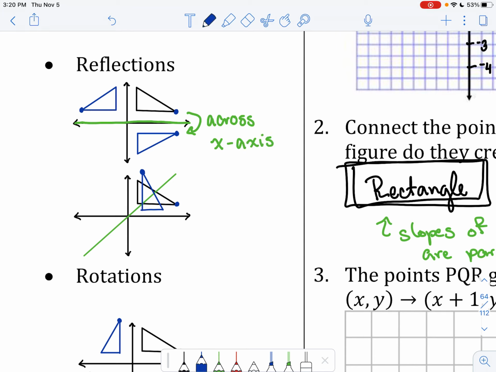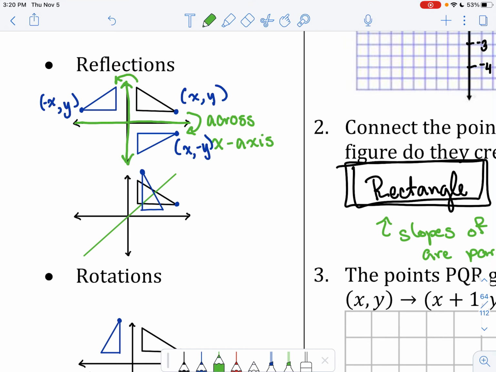And what happens to the ordered pair is that if it was x, y here, the x value stays the same, but now it's a negative y. We could also have it reflect across the y-axis, where it's reflecting over like this, and that same point now has the same y value, but now the x value is negative.